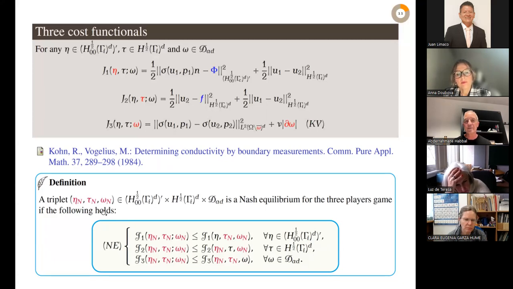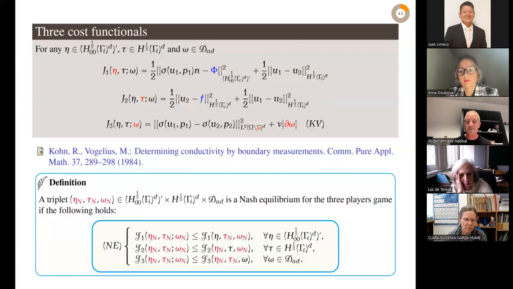This Nash equilibrium fulfills the following property or condition. The first eta n stands for Nash. The first equilibrium strategy is the best among all possible strategies of the first player, provided, and everything from Nash equilibrium is in the word provided, that the second and third player played their Nash strategy.